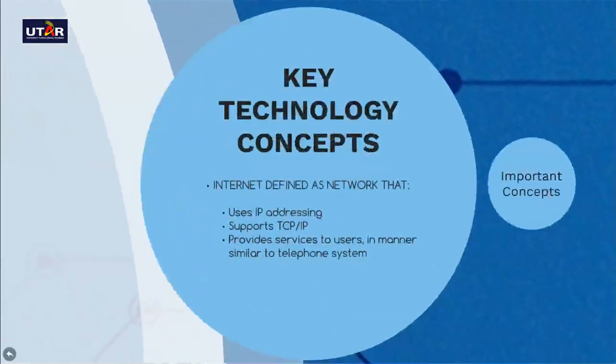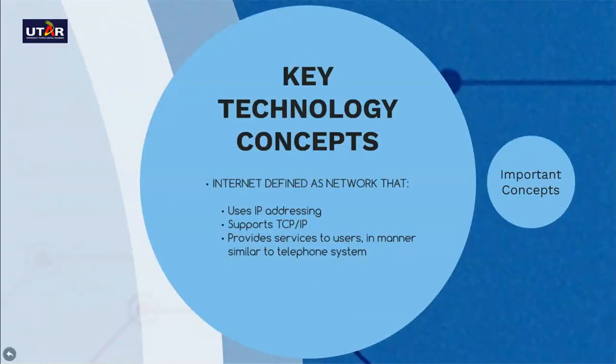So the internet's key technology concepts. The internet is defined as a network. From a technological point of view, it normally uses IP addresses. IP is named Internet Protocol, and it also supports TCP/IP, Transmission Control Protocol/Internet Protocol.